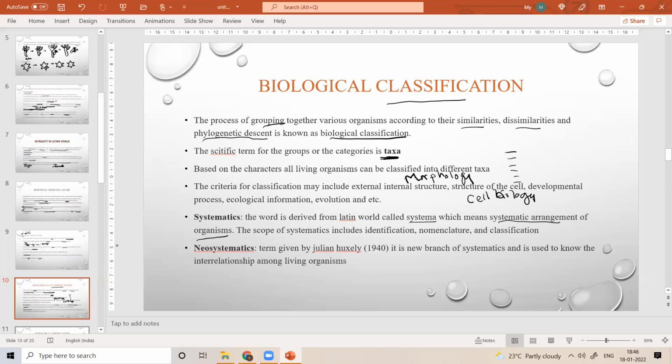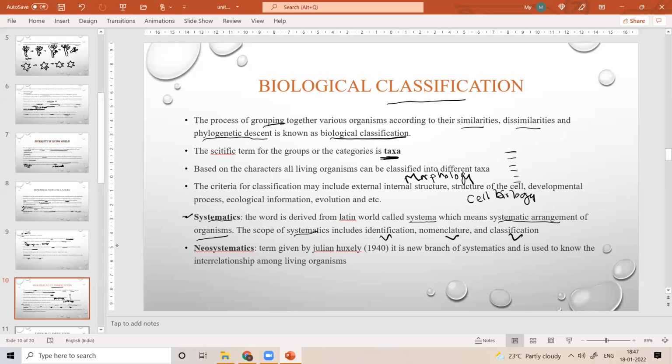So basically systematics is the study of organizing biological organisms in a systematic way. The scope of systematics includes identification, nomenclature, and classification of living organisms. So systematics is the study of classification, and it includes the identification, nomenclature, and classification of organisms.